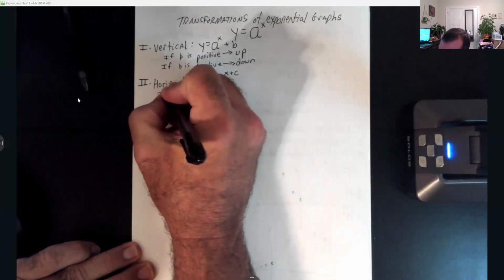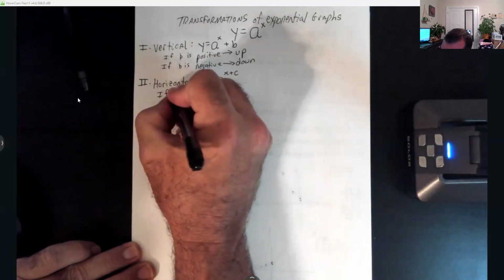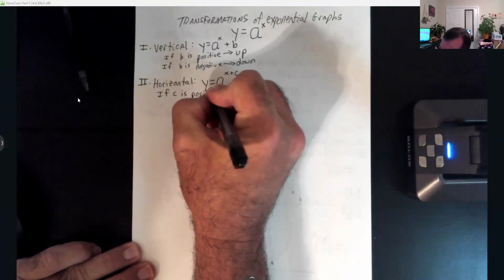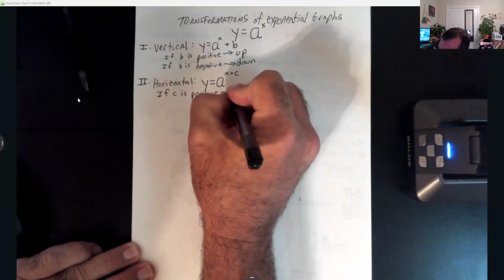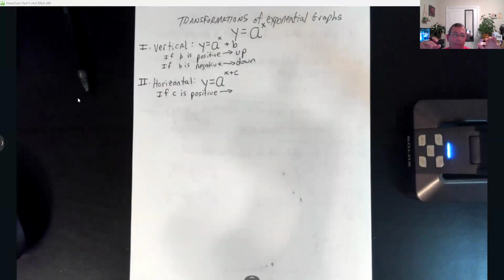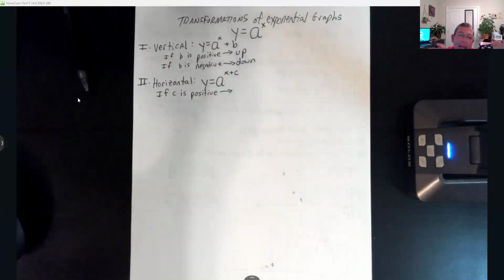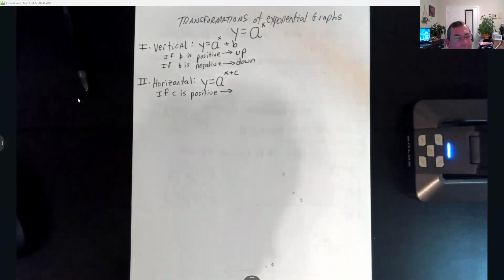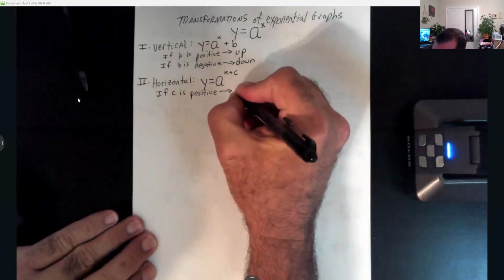So let's see if y'all remember this. If c is positive, well, back in 7.2, if we had our x inside parentheses and we added, oh, Jackson, you're on it today, because guess what? It actually goes left. Good job.